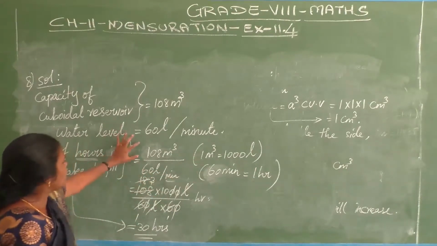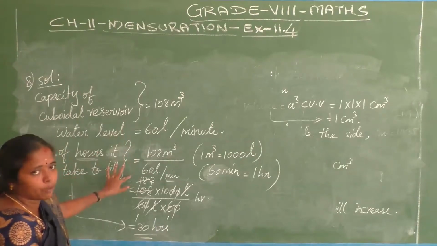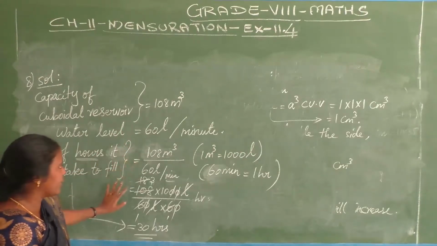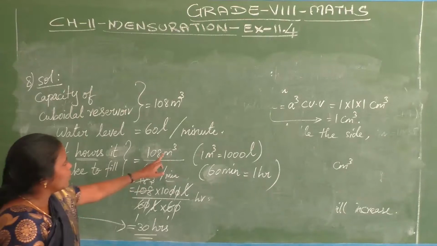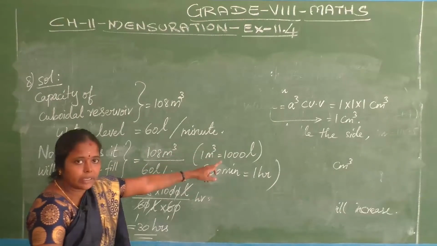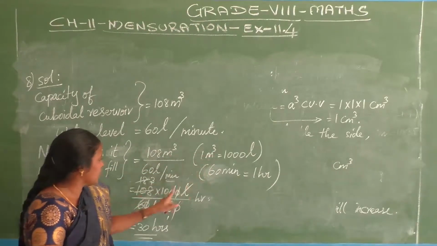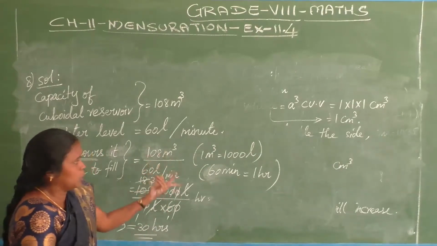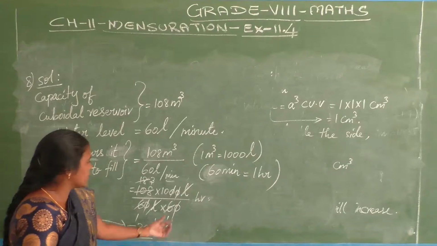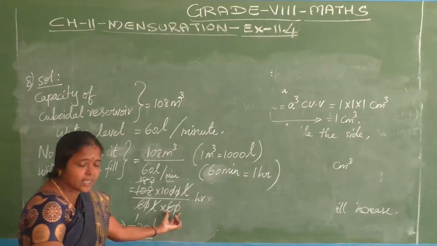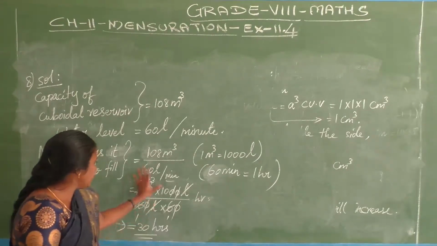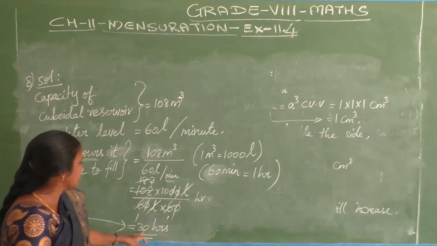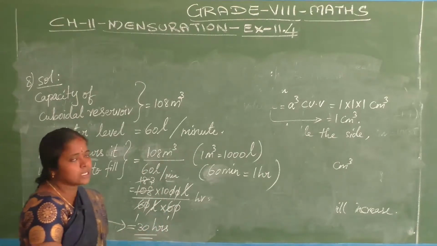Volume by the speed of pouring water, both to be divided. Before dividing, meter cube is changed into liters, so 1 meter cube equals 1000 liters. For converting minutes to hours we have to divide by 60, so this extra 60 comes here. If you simplify step by step, your answer will come as 30 hours.